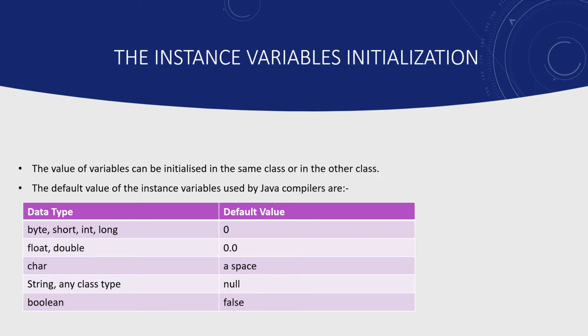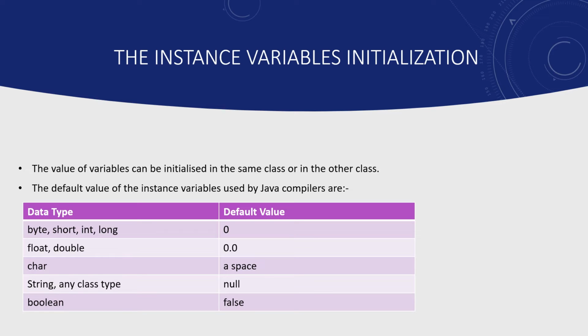Now we will see how to initialize the instance variables. The value of variables can be initialized in the same class or in another class. If we do not initialize them, then the default value of the instance variable is used by the Java compiler.